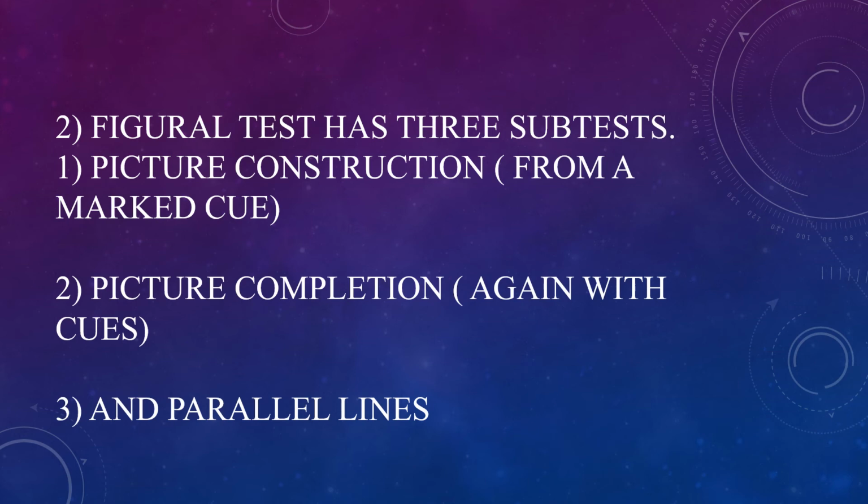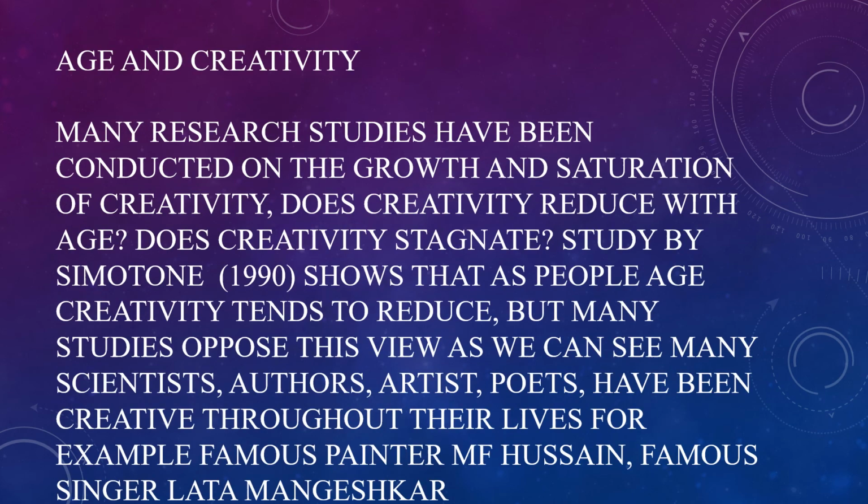So the individual should try to find the right option and write it, or try to put it across. Picture construction is where here also there's a half picture. You have to complete it by the given cues. You'll be given clues about it. So regarding that, you have to do. And then last but not the least is parallel lines.